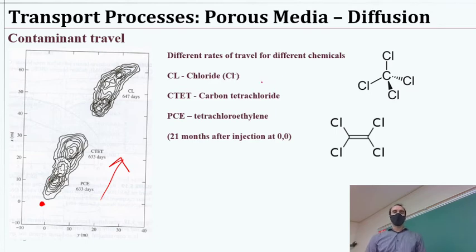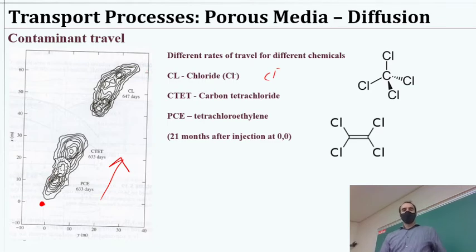Now, chloride, being a charged compound, Cl minus, that's not likely to be reacting with stuff. In fact, all of these are not very reactive, which is part of the reason why they're a problem. Cl minus is not necessarily a big problem in general, but it's a good tracer to see, okay, if we have some elevated amount that was part of this contamination, it would probably be easy to detect an elevated chloride concentration.